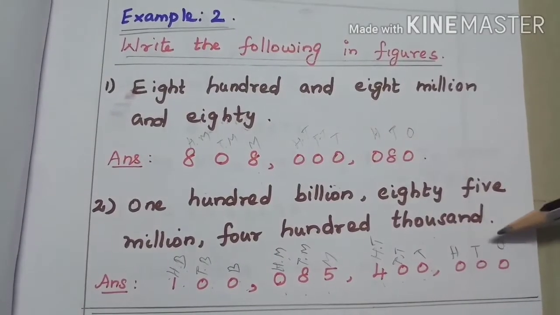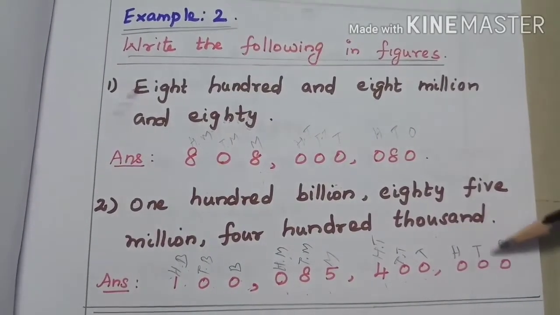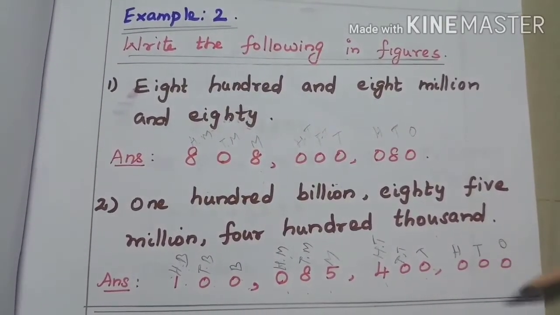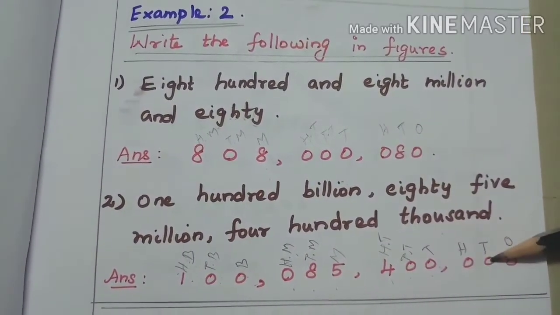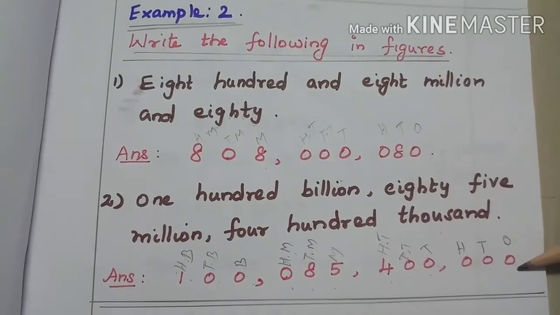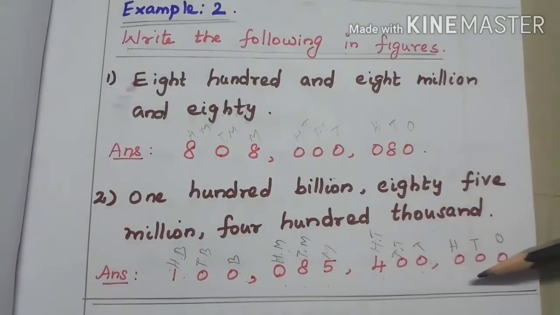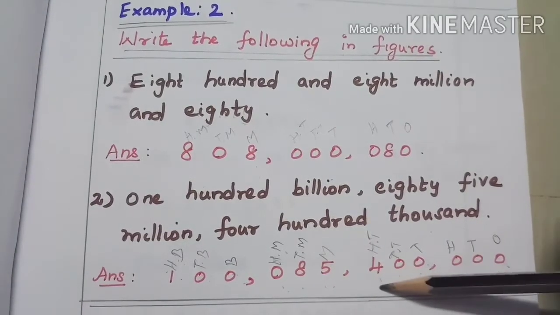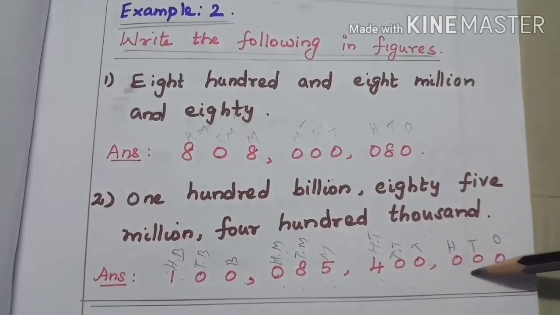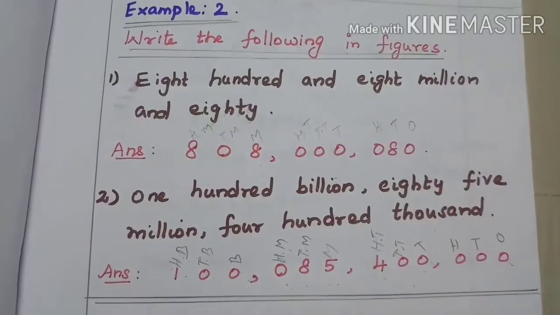And the number in 100, 10 and 1 is not given. So 0, 0, 0. So how to write this number? 100, 0, 85, 400 and 0, 0, 0.